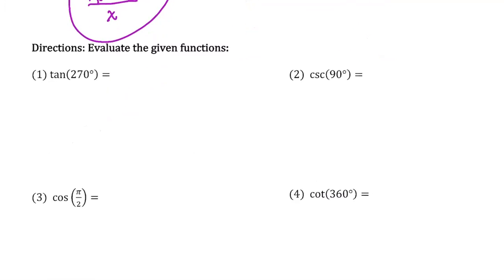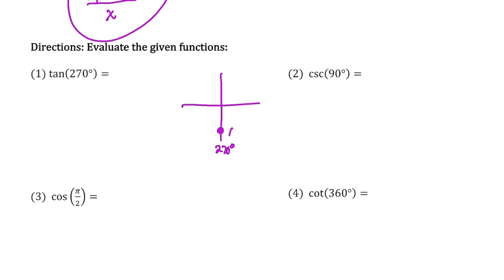For our first one, tangent of 270, we would start by finding that on our grid. You're going to notice that 270 is on my negative y-axis. So the point associated with this is left or right 0, down 1.